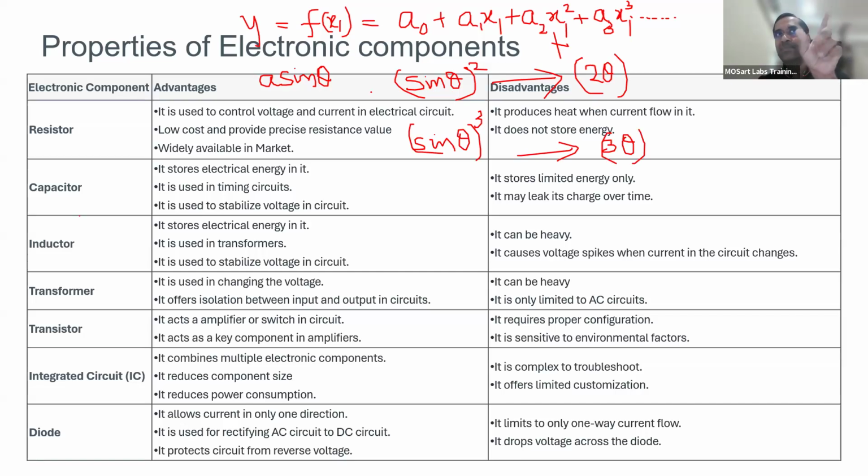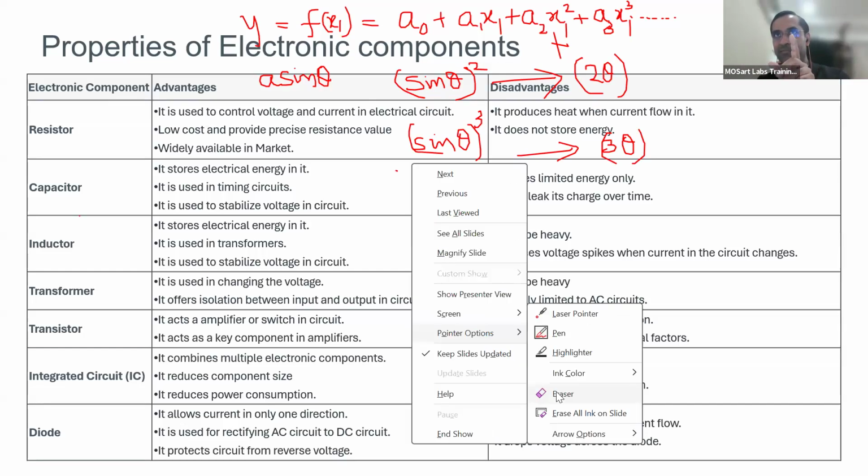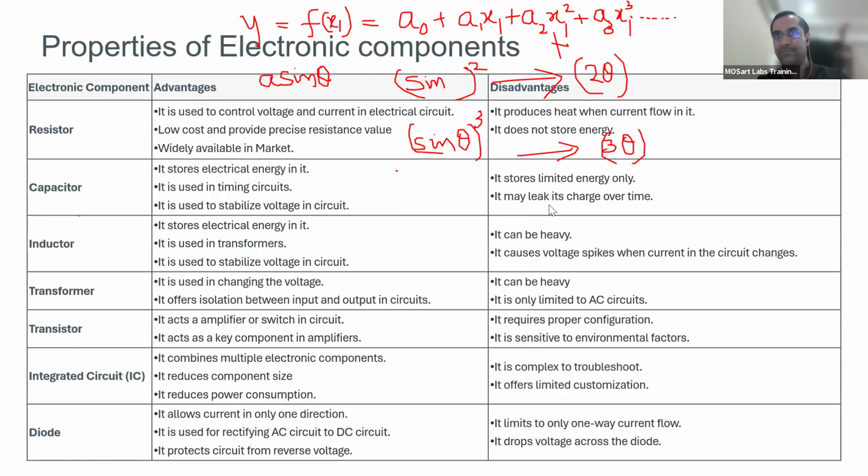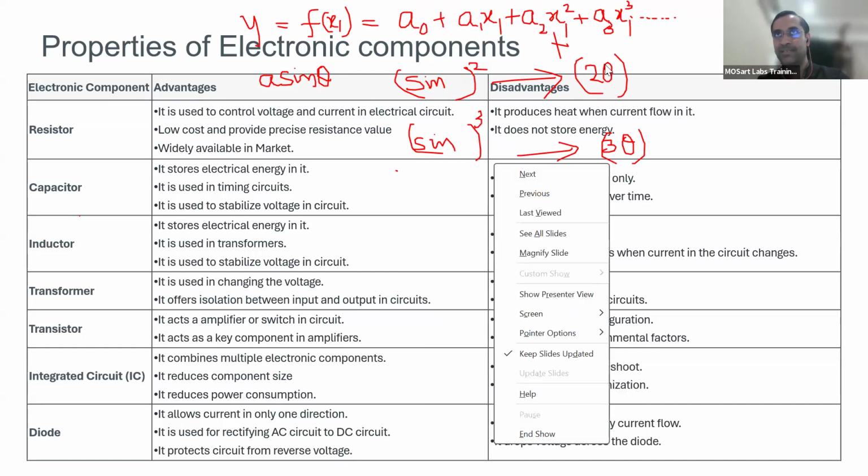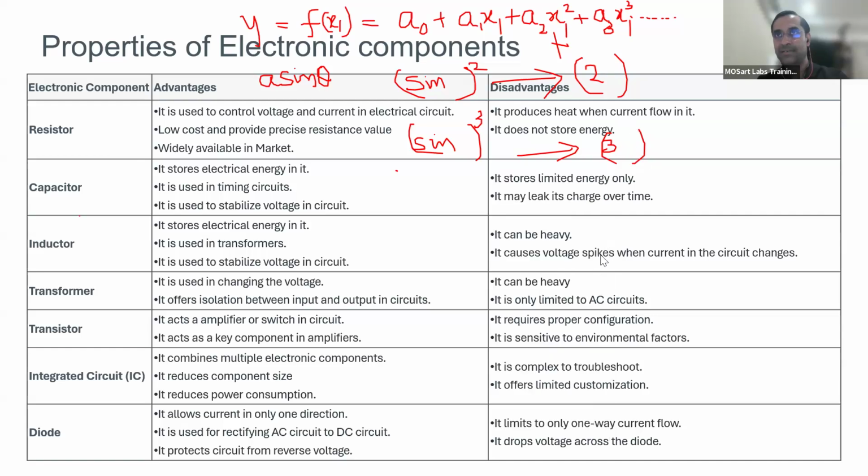So imagine you replace theta with omega t. Omega is your frequency and t is your time. So when you have a frequency like sine of ft or omega naught t, whole square, you get 2 times your frequency.